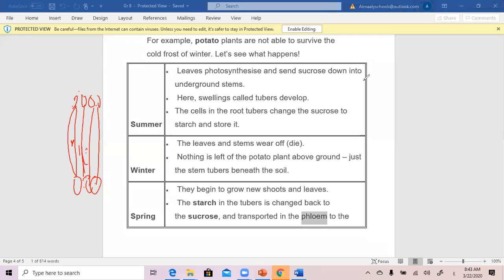So that is the function of the phloem. I will ask, what is the function of the phloem now? Who can tell me the function of the phloem? Mustafa Salah? What is the function of the phloem, Mustafa?